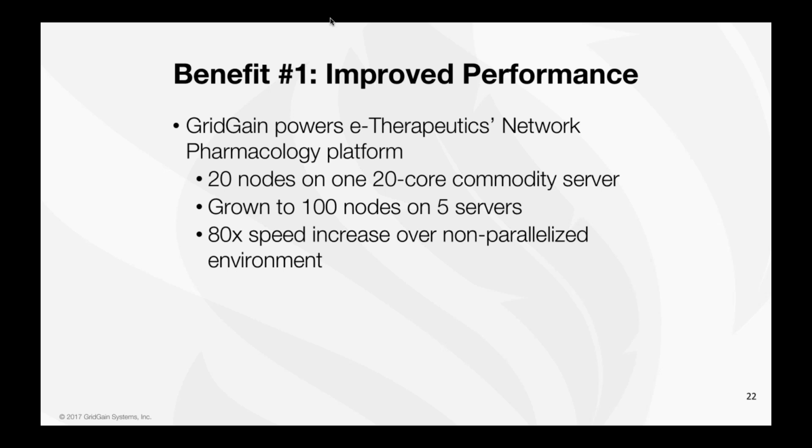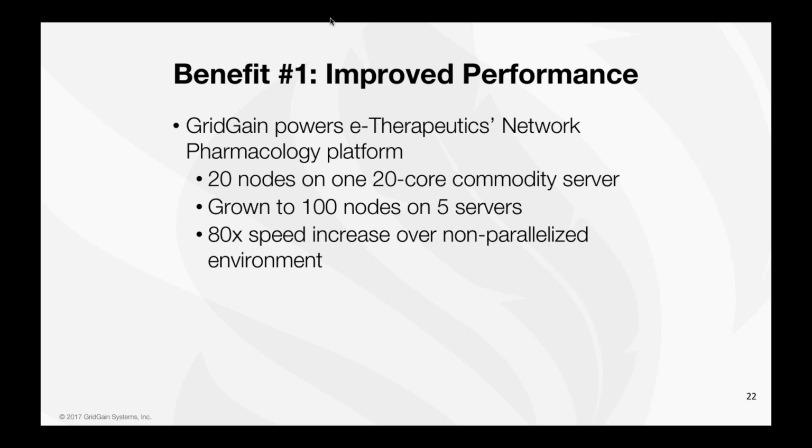Over time, that had grown to 100 nodes on 5 servers. And if you were a little bit sharp-eyed and you saw the summary slide that I showed a little bit earlier on, on the right-hand side, I actually showed a graphic with this 100-node, 5-server summary. As I mentioned a few moments ago, they've achieved nearly 2 orders of magnitude speed increase over the existing non-parallelized environment that they used to have.